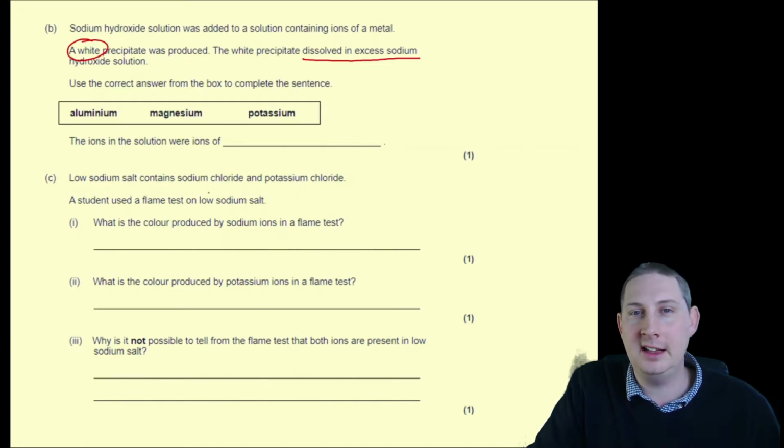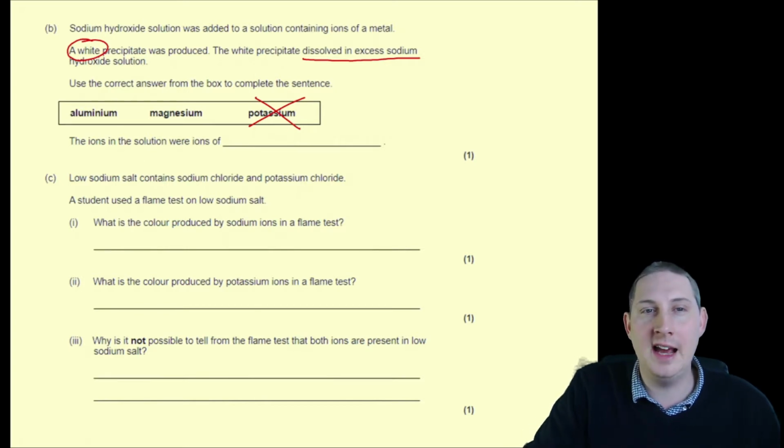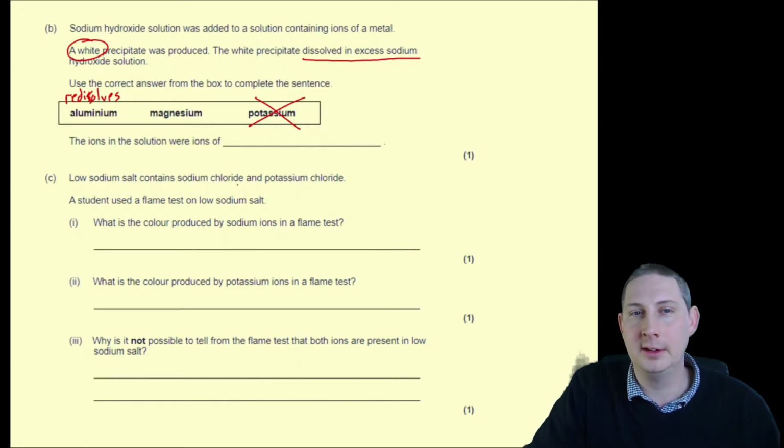Well, it's clearly not potassium, because potassium doesn't produce a precipitate with sodium hydroxide. Both aluminium and magnesium do produce a white precipitate, but only aluminium redissolves. So the ions in the solution were aluminium.